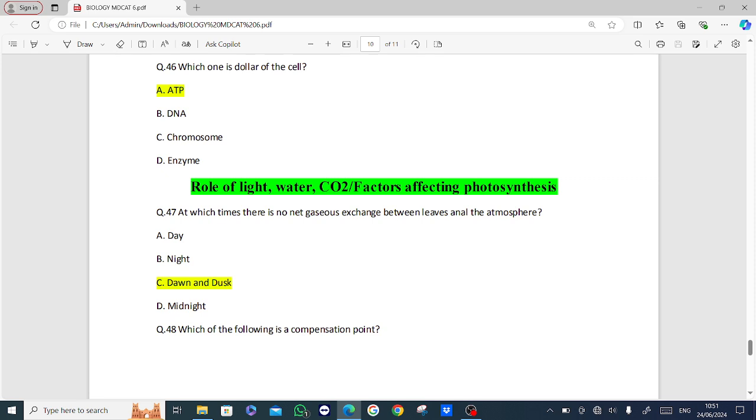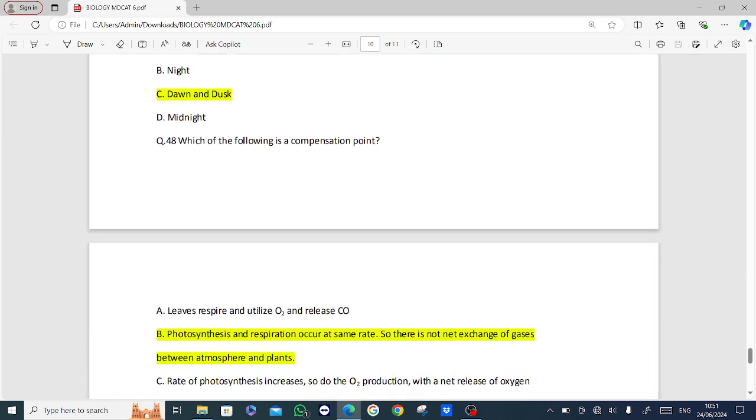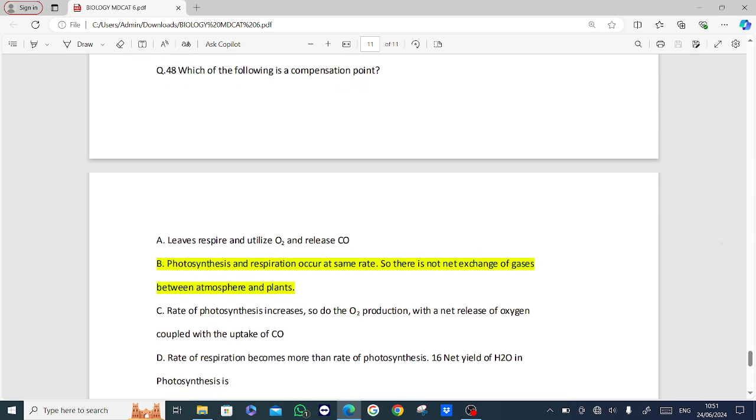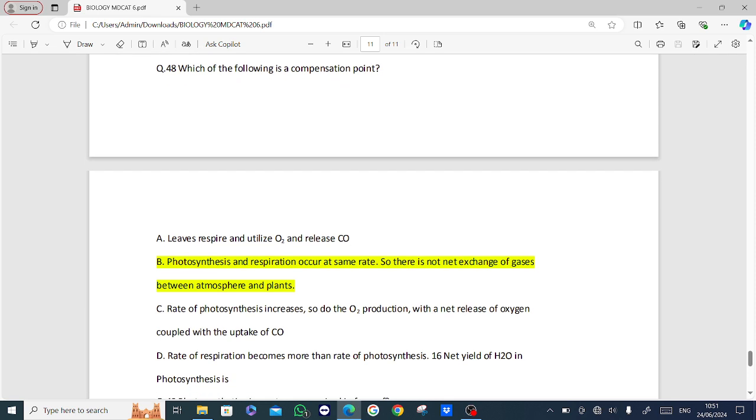Next MCQ is, which of the following is a compensation point? Options are, leaves respire and utilize O2 and release CO2. Photosynthesis and respiration occur at same rate, so there is no net exchange of gases between atmosphere and plants.